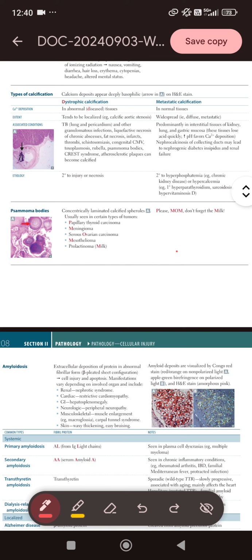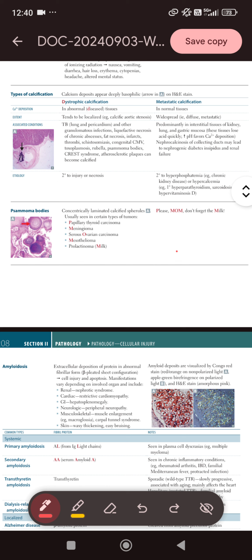Dystrophic tends to be localized, like it will be in one structure only, for example calcific aortic stenosis. Metastatic is widespread and diffuse; the name itself defines it.